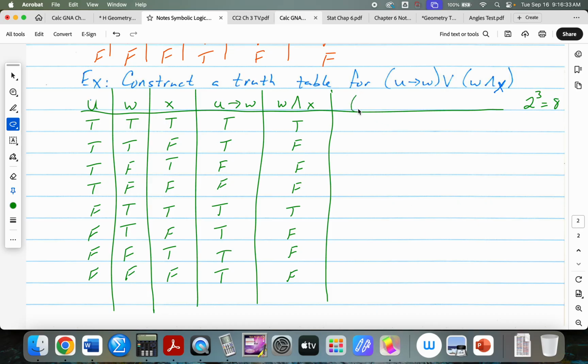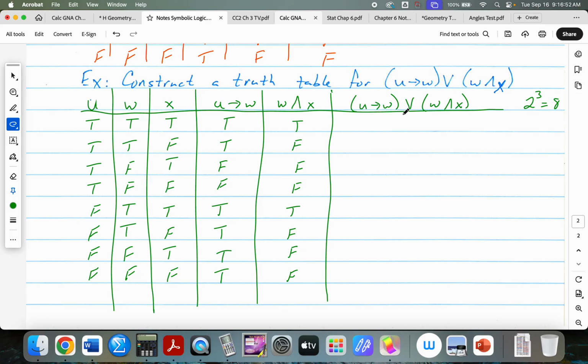And then finally, U implies W, or W and X. So what has to be true for this to be true? Just one.